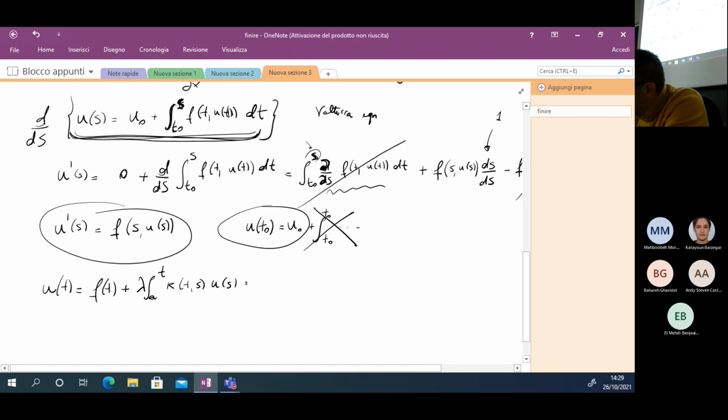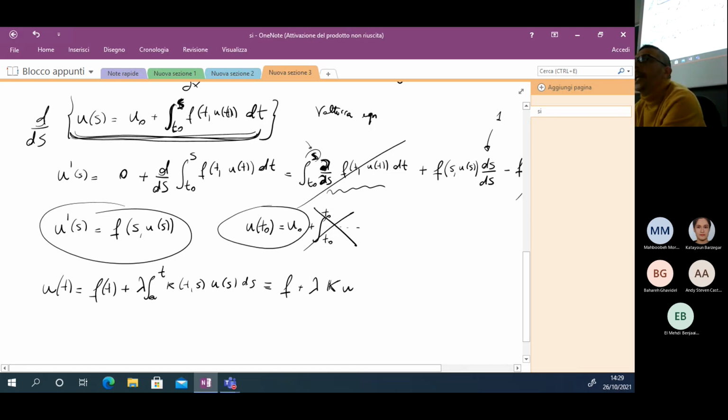You remember, this is the general form of the Voltaire equation that we were showing yesterday, where k is the kernel of the equation. And if you remember, we said also that we can use this notation that you don't like, the operator equation. So I can write this as f plus lambda capital K u.